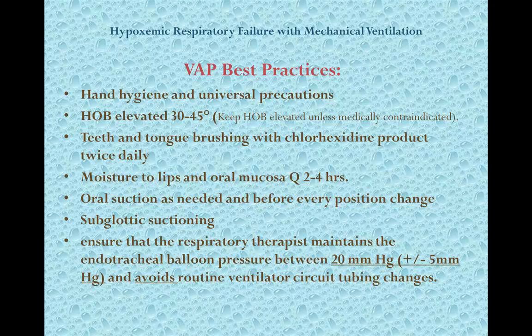We don't do any of these things, but because the respiratory therapist is involved with the respiratory status of the patient, and the nurse is really kind of involved in all things, dietary, nutritional aspect, respiratory aspect, physical therapy, it's kind of like we're somewhat a coordinator of all the health care of the patient, so we have to ensure and communicate and coordinate with the respiratory therapist that endotracheal balloon pressure remains between 20 millimeters of mercury plus or minus 5, and that there is an avoidance of routine ventilator circuit changes.